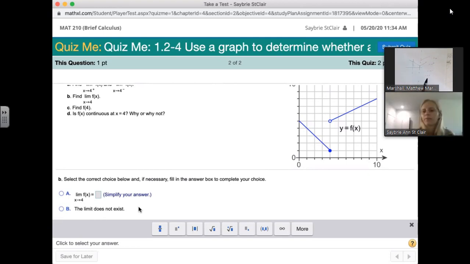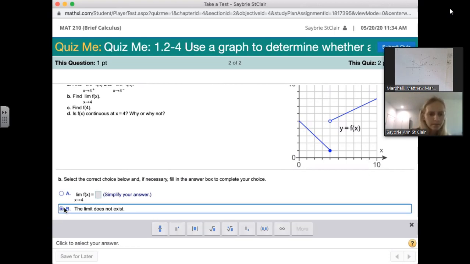But because your graph for your question has this gap right here, the number from the left was 1, but coming from the right being 5, that double number being different makes it have no limit right there. That's my little explanation. So that's why B would not exist. That one right there definitely doesn't exist.